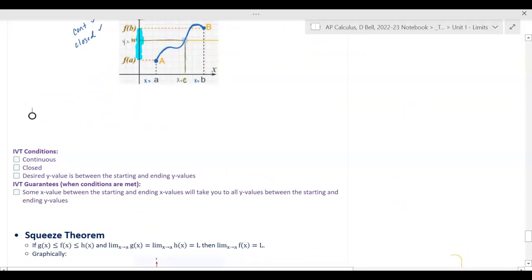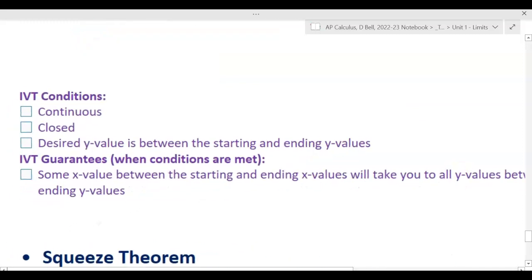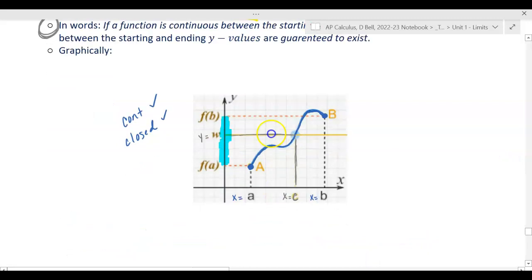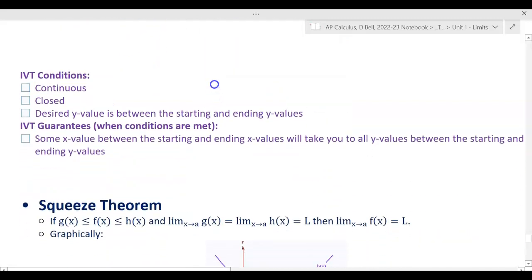So the conditions for IVT, or intermediate value theorem, are that the function has to be closed, it has to be continuous, and the desired y value is in between the starting and ending y values. So we can't apply or prove anything using this theorem unless the conditions are met.